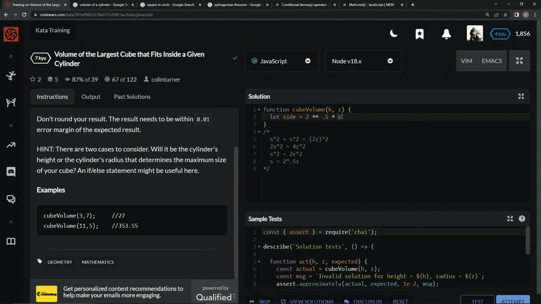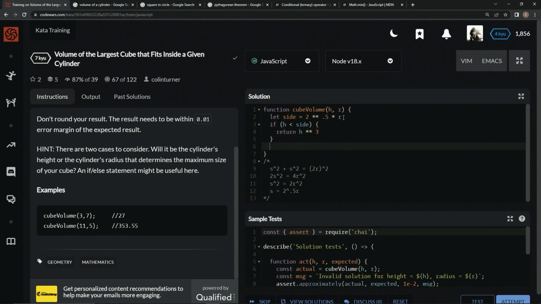Okay, side now equals this, and we're going to say if height is less than side, what we're going to do is return h raised to the 3rd power. And if not, we'll return side raised to the 3rd power. All right? Let's test this out.